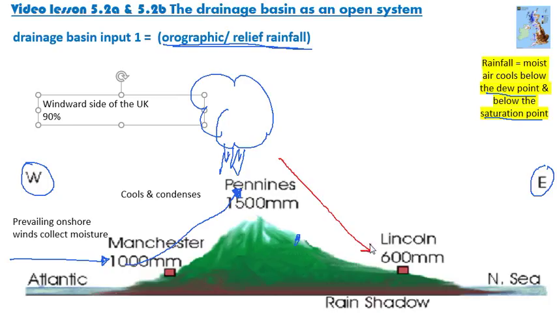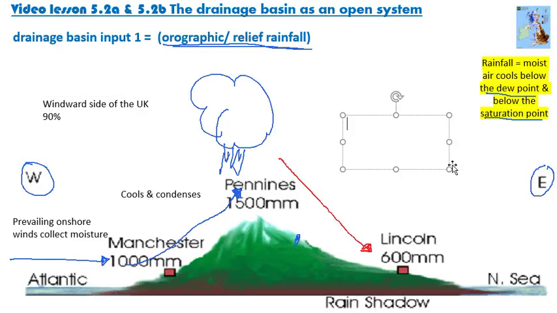Once that air has deposited most of its rain, it descends over the other side of the mountain, but it's quite dry at this point, and this is called, a bit like with coast topics, you probably heard me refer to this word, the leeward side, which just means the sheltered side. Now the leeward side tends to only receive 10% of the total moisture that gets deposited through relief rainfall.